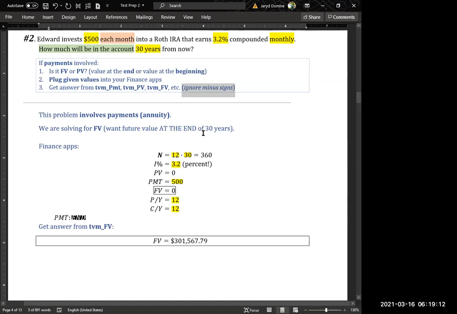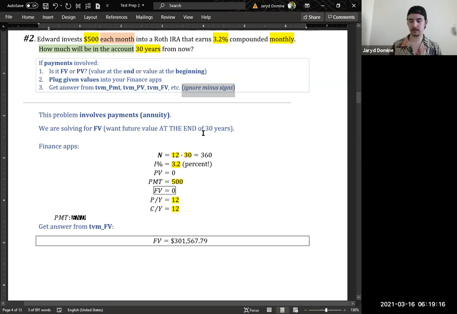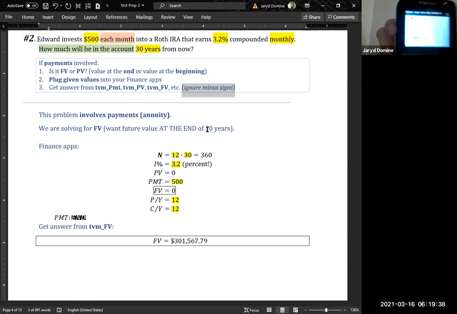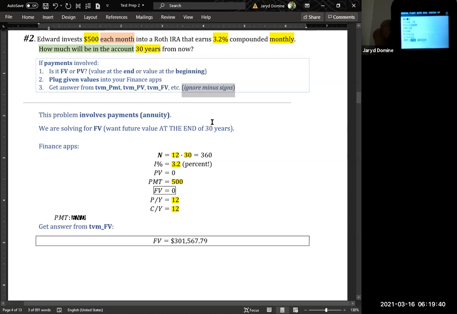I'm sorry, how do you input the numbers? Oh, okay. So let's see. There's this computer program where I can actually pull up a TI-84, but I don't have the money for that. So I'm just going to try and show you on the screen. If you go to apps, finance, and TVM solver, you get into this screen.